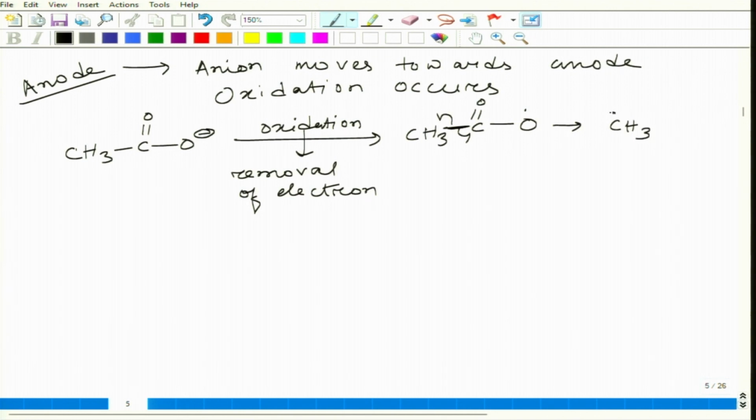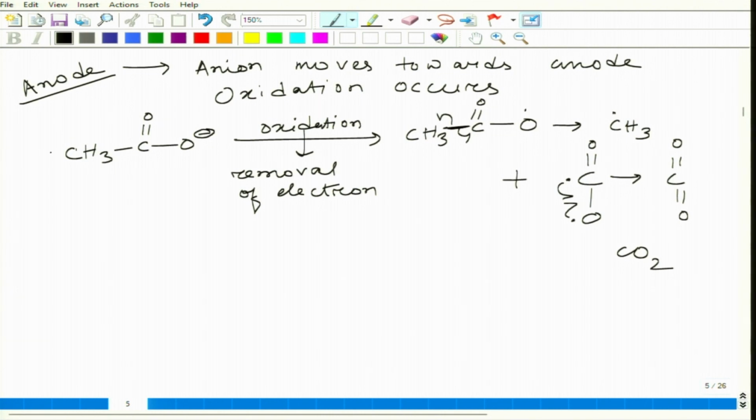Okay. So, what will form? A methyl free radical, along with it another radical will come on this carbon. Now, oxygen was already in the radical form. So, now these two will form a bond and this will form carbon dioxide, that is CO2.